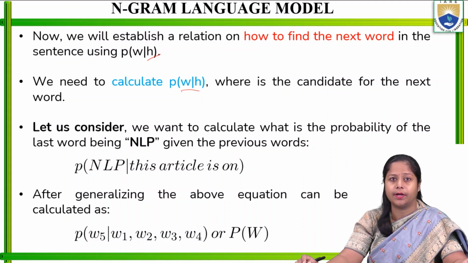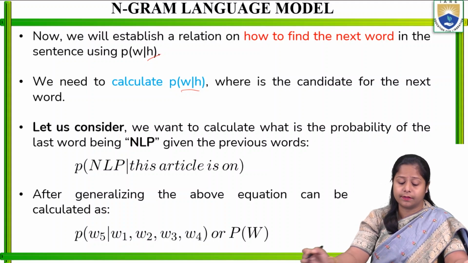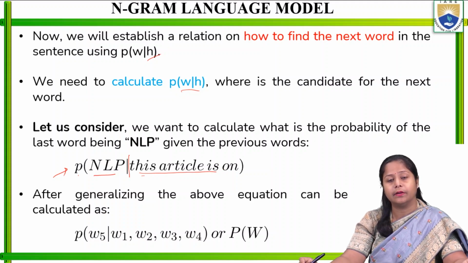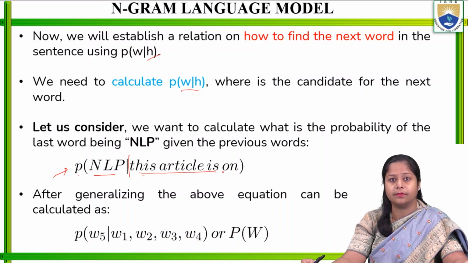Let's say we want to calculate the probability of the last word being NLP given the previous words. So the probability of NLP given 'this article is on', where the previous words from the sentence are 'this article is on'.